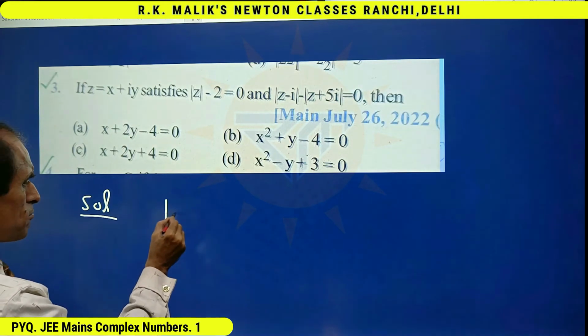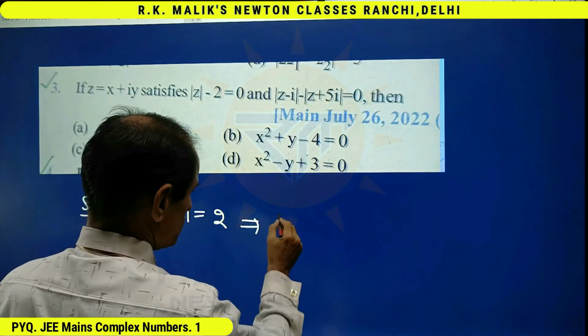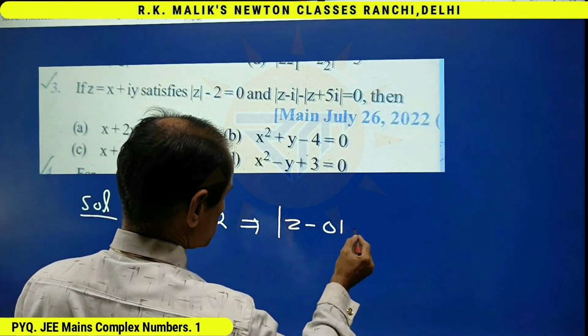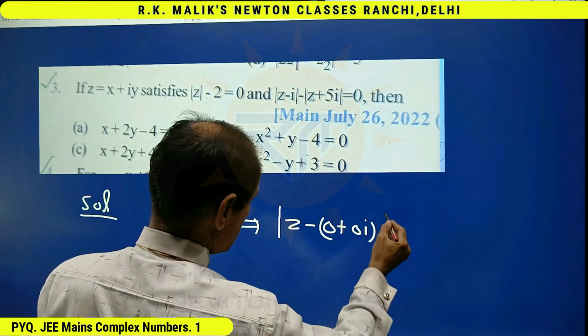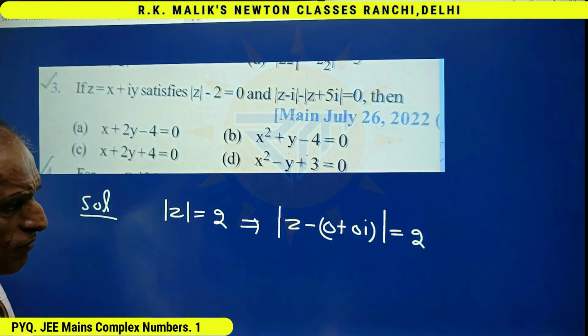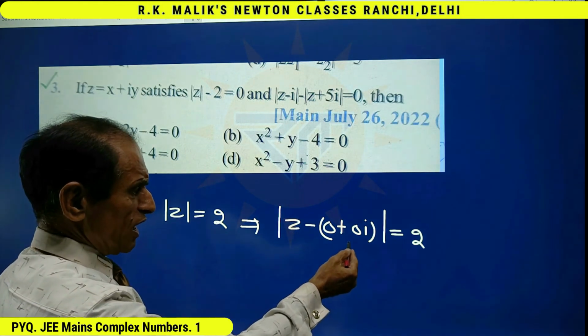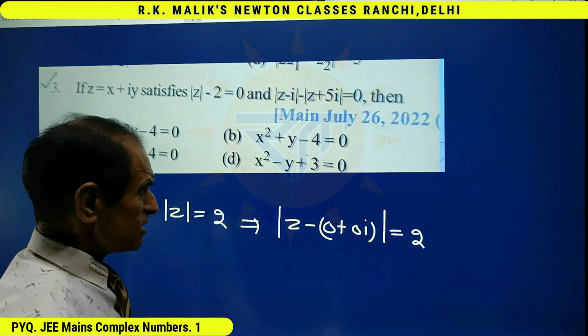This information means mod z equal to 2, that is mod of z minus 0 plus 0 iota is equal to 2. Clearly this represents a circle with center 0, 0 and radius 2.